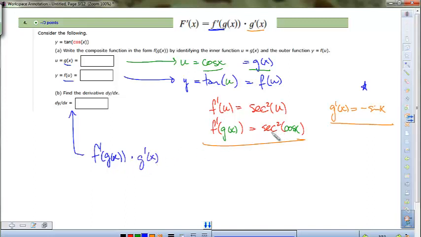So that is the secant squared of cosine of x times negative sine of x. And because of these minus signs that might be popping up in your derivatives, it might be important to make sure you use your parentheses wisely.